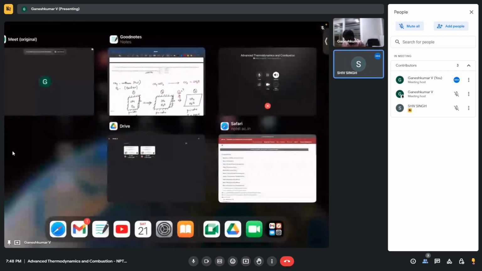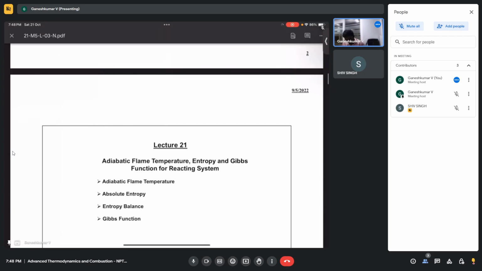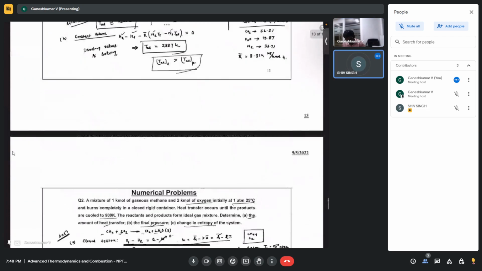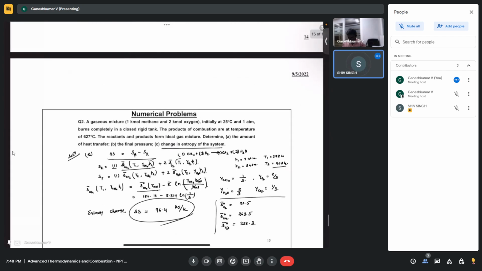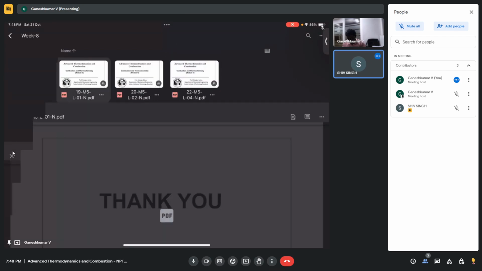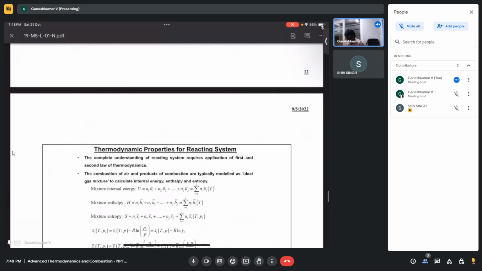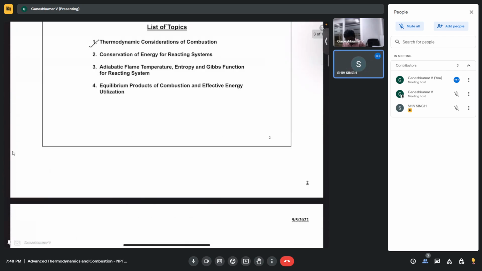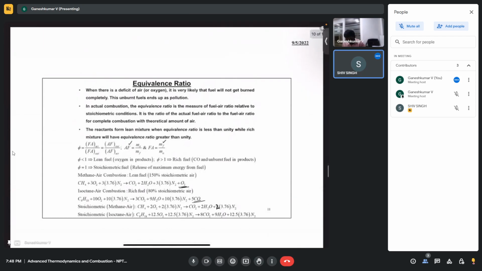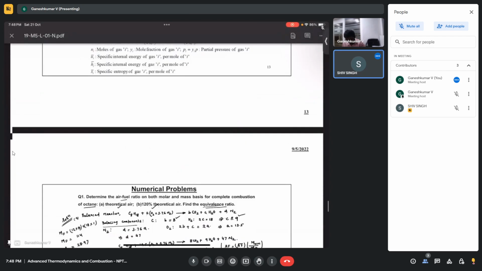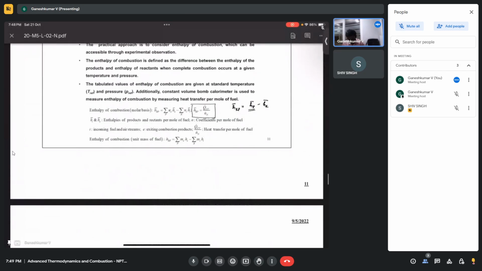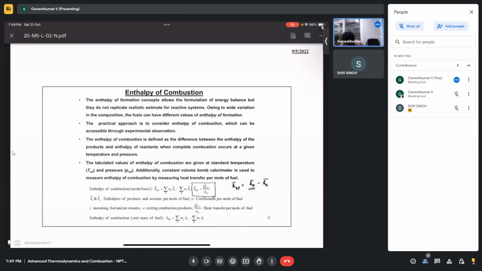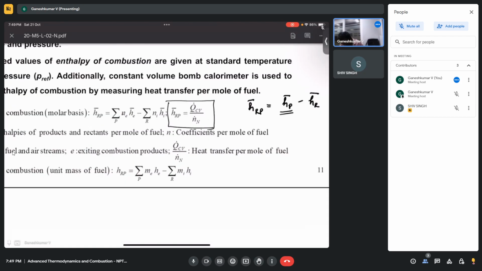Enthalpy of combustion. So basically here, I think you are able to see.